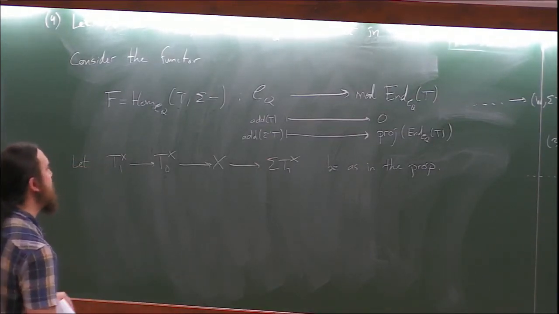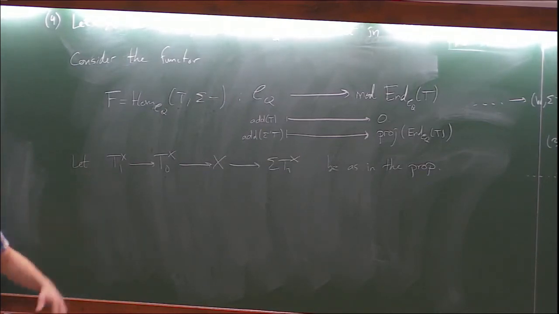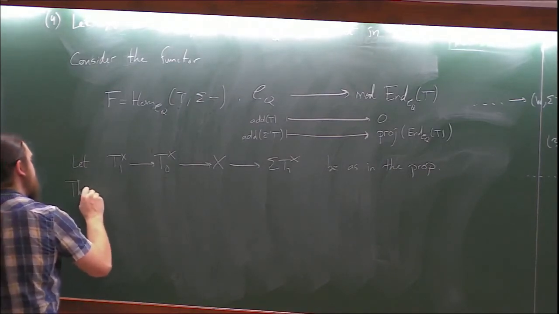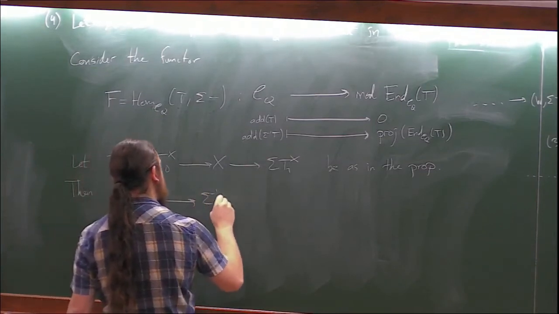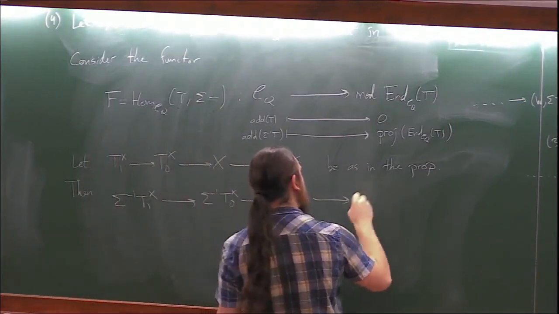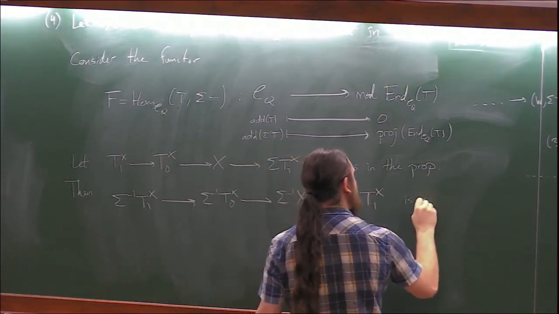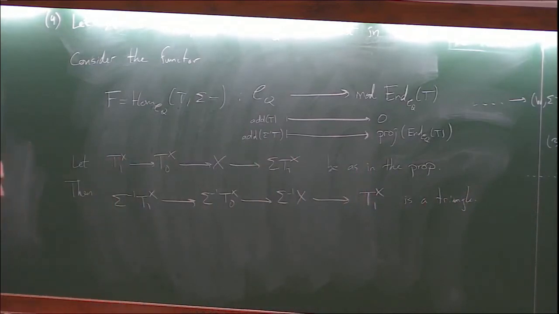So the first thing I will do is apply the inverse of the suspension functor to this triangle. So this is still a triangle.